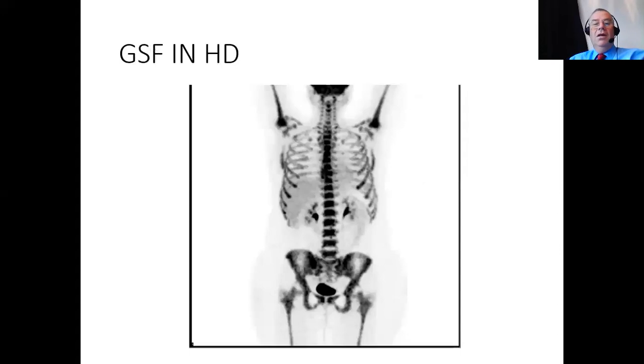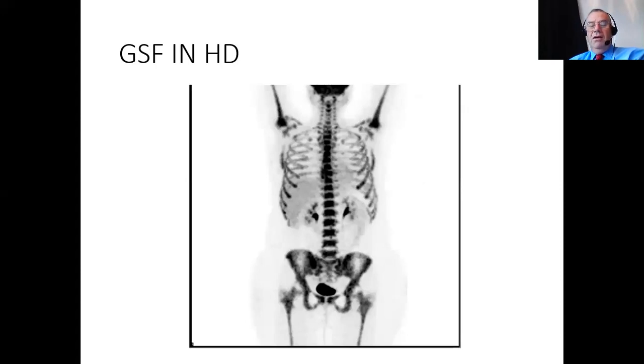Thank you, Mohammed. This is a patient who has had GCSF for anemia in Hodgkin's disease, and we've done an FDG study, and you can see there's very intense bone marrow activity.